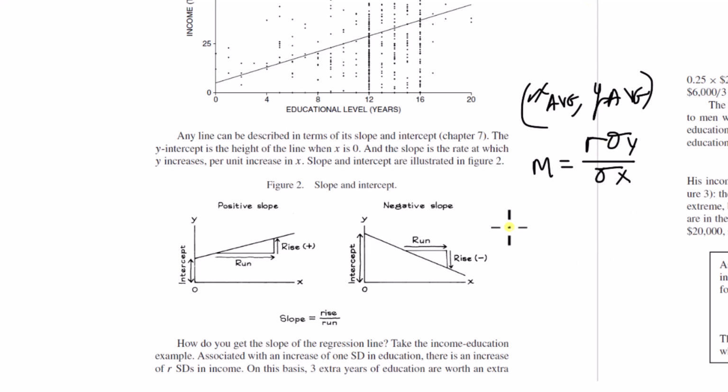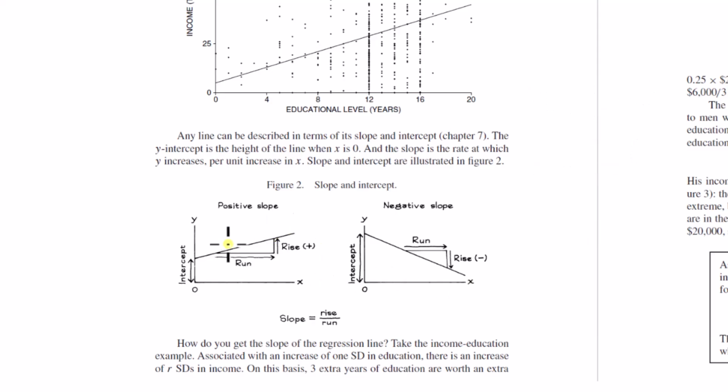With a point and a slope, we can use y minus y1 equals m times x minus x1, where x1 and y1 are x average, y average, and m is this. We could fill that in and then expand it out and put it into the slope-intercept form, y equals mx plus b. And the b is going to be the y-intercept, right?